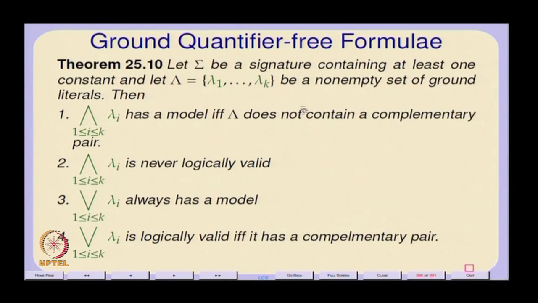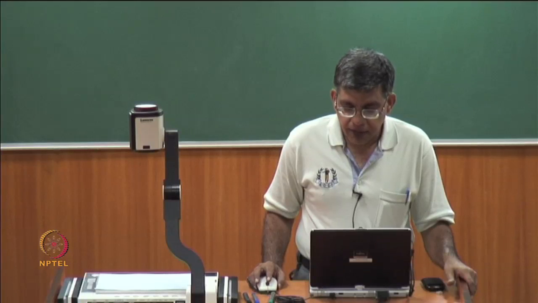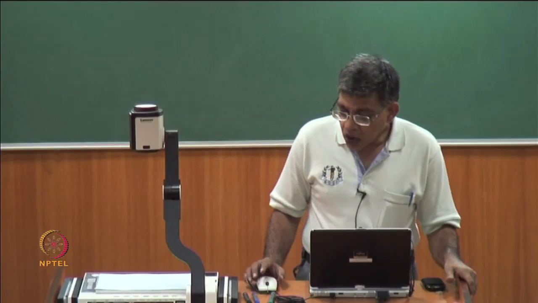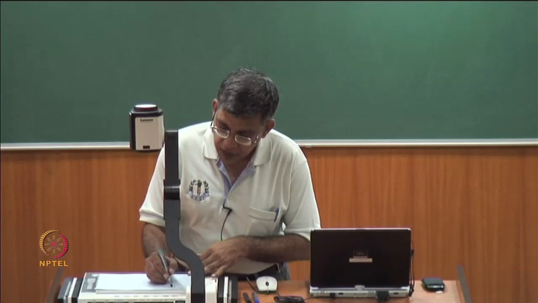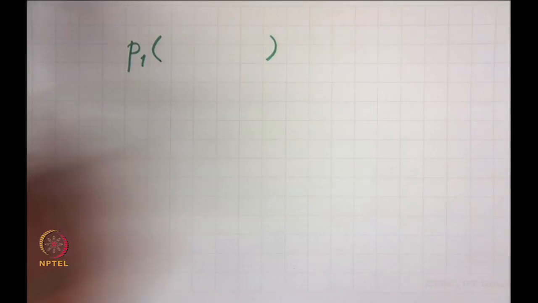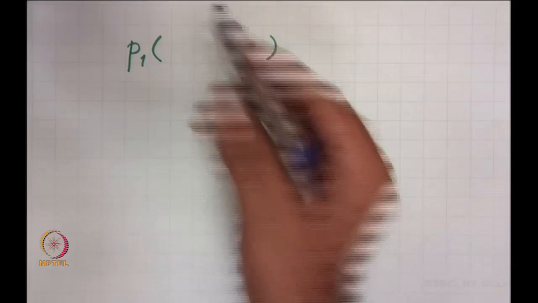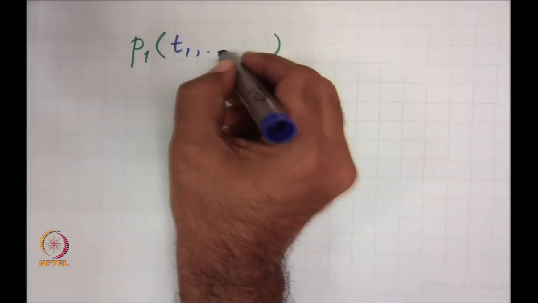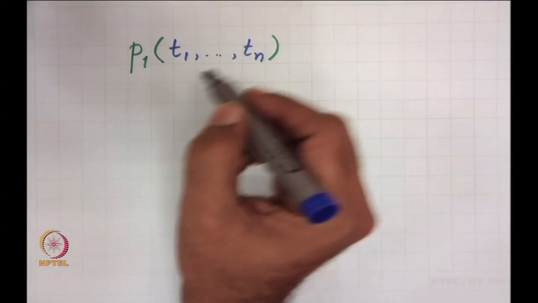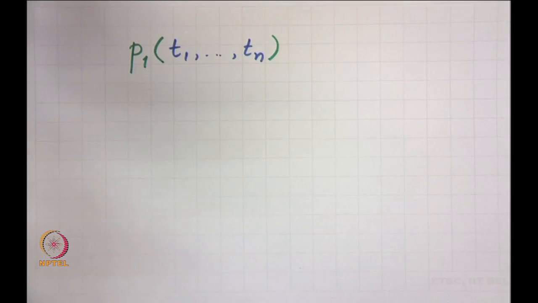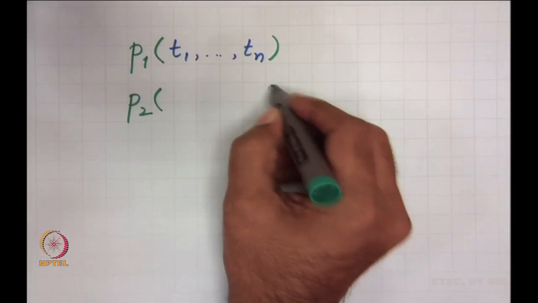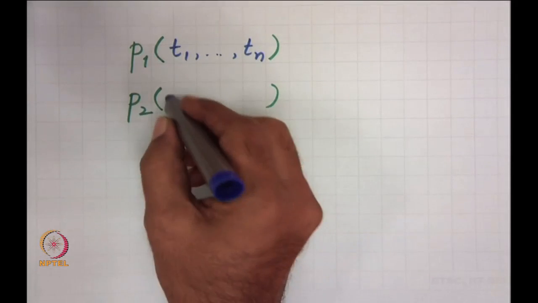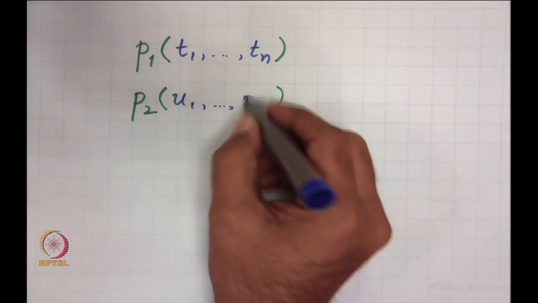So, these lambda 1 to lambda k's, all of them are of the form, let us say, some p 1 of some ground terms, some p 2, maybe of some other terms, let us say u 1 to u n.